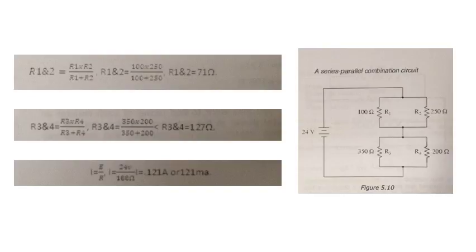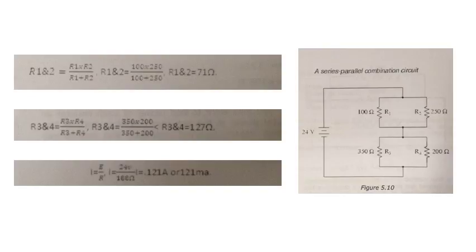Now you must do the same for the other parallel circuit. R3 and R4 equals R3 times R4 divided by R3 plus R4.